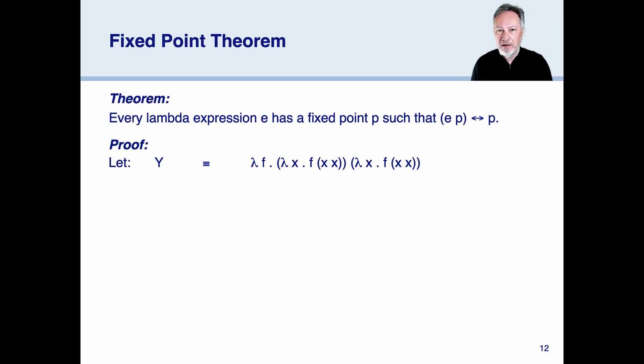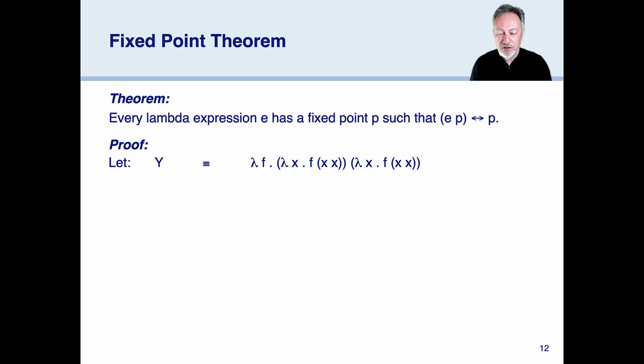Here's Y. It's this very obscure expression, lambda f, and the body of this lambda is two lambda expressions, one applied to the other, two identical expressions, the first applied to the other. And that's lambda x, whose body is f applied to x applied to itself. And then that thing is applied to itself.